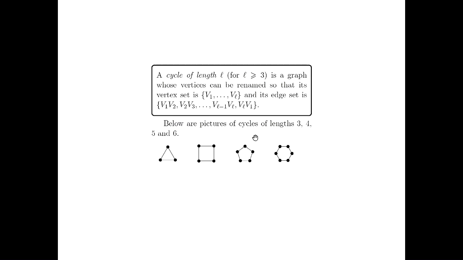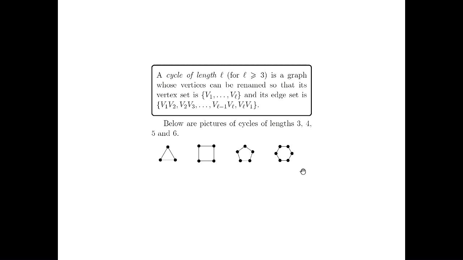And notice now that the length refers to the number of edges, but this is the number of vertices as well, right? So a cycle of length 6 has 6 vertices. Any questions on any of those? I know we're going through these fairly quickly. Got a bit to cover today.